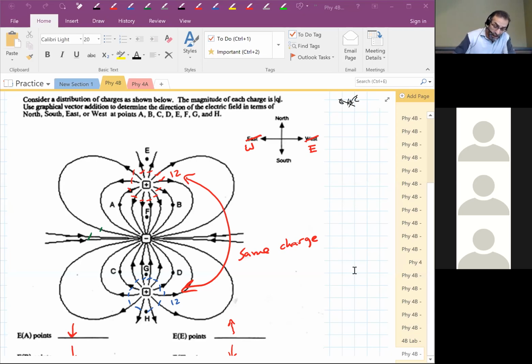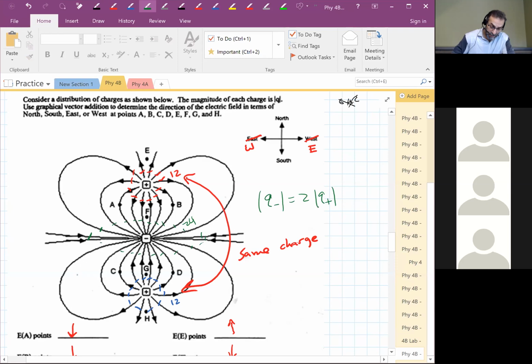Okay, so this one in the middle is 1 through 12, and 12 on the other side is 24 lines. So it is twice as much. The magnitude of that negative is twice. So Q negative is equal to 2 times Q positive, because I can tell that just by counting the field lines.